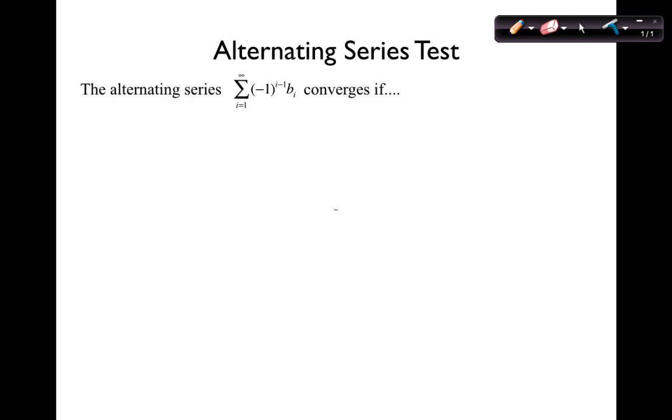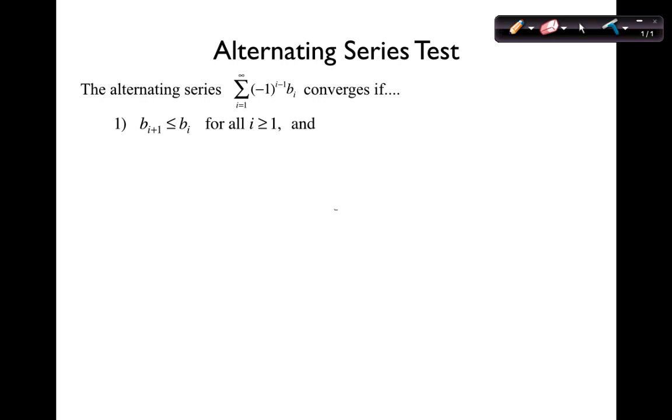So the alternating series test is this. A series like this is an alternating series, right? When does it converge? It converges if, first thing is, b_{i+1} is less than or equal to b_i for all i. What does that mean?